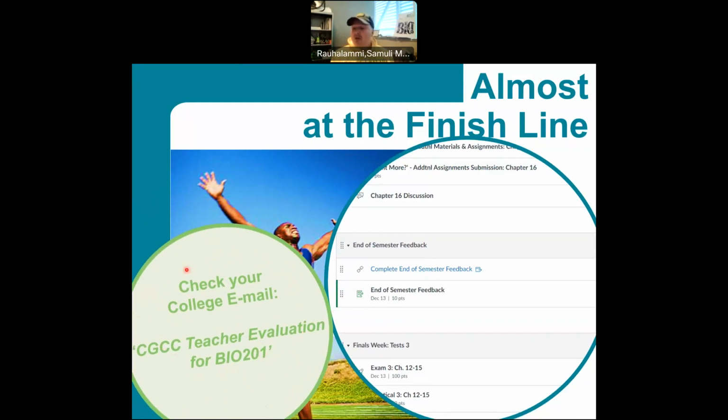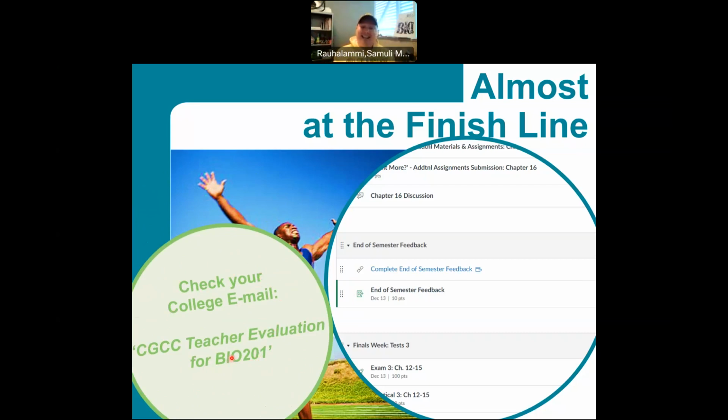I do require you to complete this evaluation because it's a really important part of how I get assessed in my job. It's important that students have a voice and get to share what elements of the course are working well and what elements we can change.